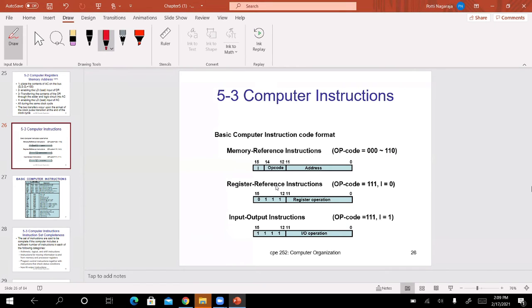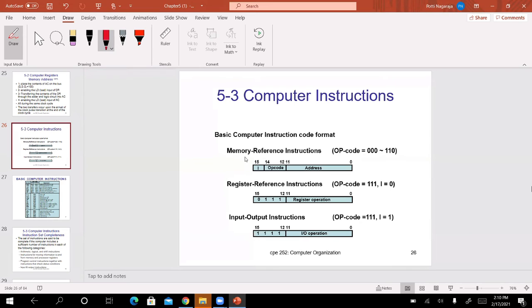In memory reference instructions, I will use the memory, whereas in register reference instructions, I will not use any memory. Then input output instructions.